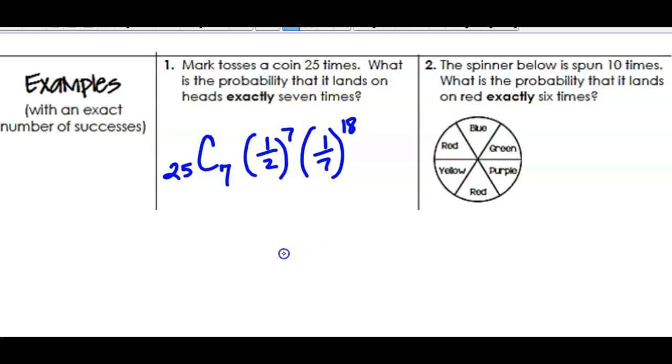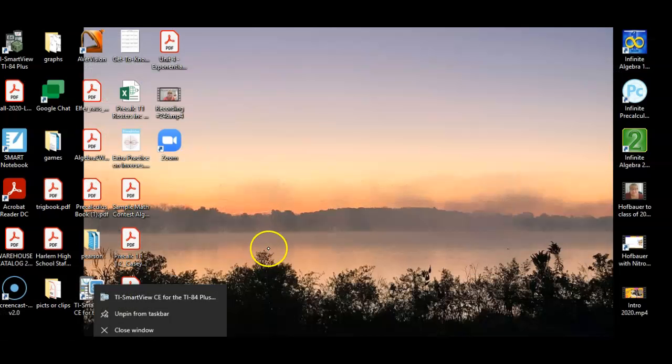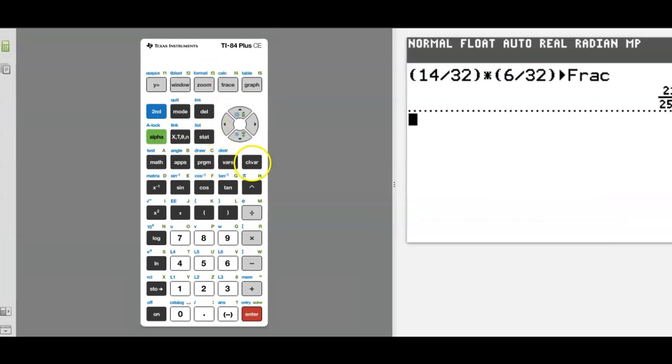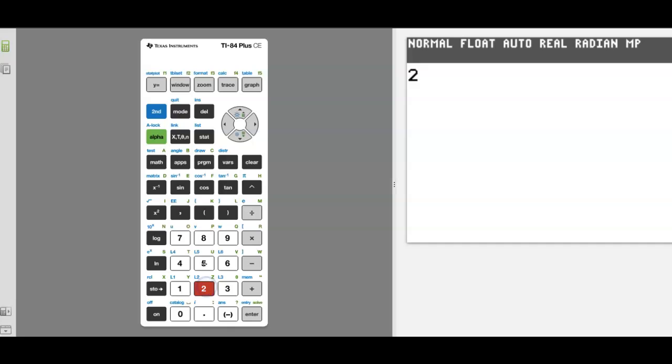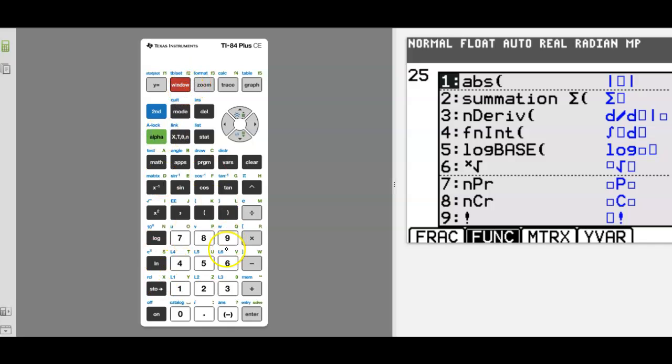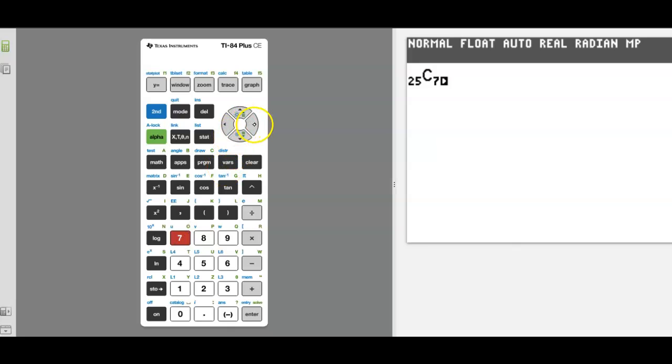So I'm going to type that real fast. 25, alpha window, choice 8, we're doing it 7 times, arrow to the right, 1/2 or 0.5 to the 7th, and then arrow to the right, and this one happens to be an equally likely chance that we won't get heads, and that's how many failures you would have, which is 18.